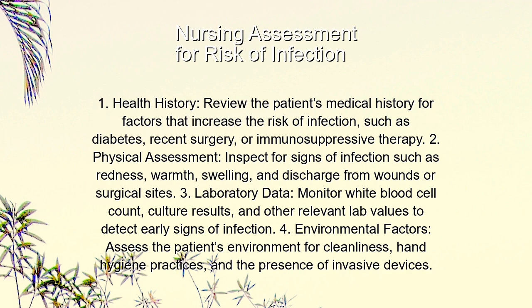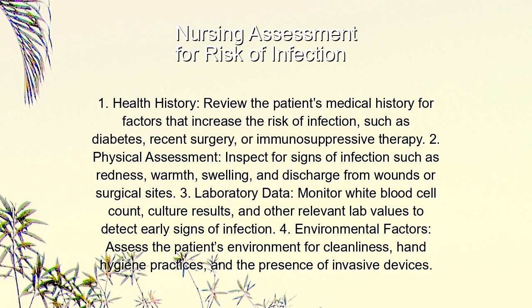Nursing assessment for risk of infection. One, health history: review the patient's medical history for factors that increase the risk of infection, such as diabetes, recent surgery, or immunosuppressive therapy. Two, physical assessment: inspect for signs of infection such as redness, warmth, swelling, and discharge from wounds or surgical sites.